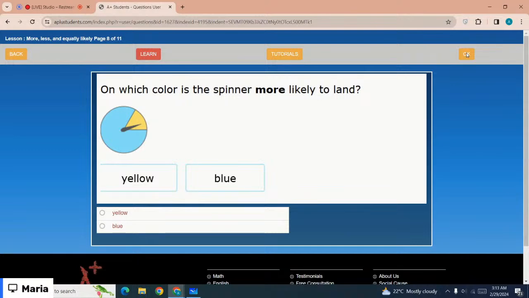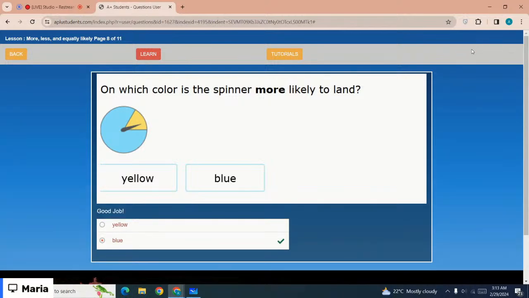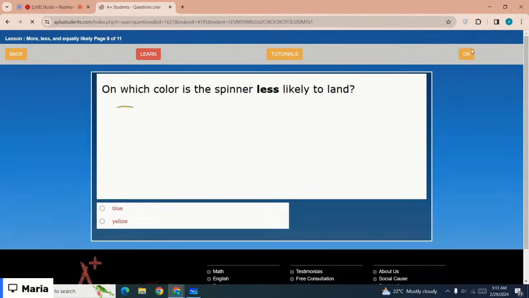Yes, it will more likely land on blue because most of the portion on the spinner is blue. On which color is the spinner less likely to land? So which is the correct option? Less likely to land on blue.